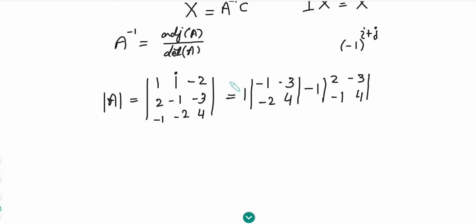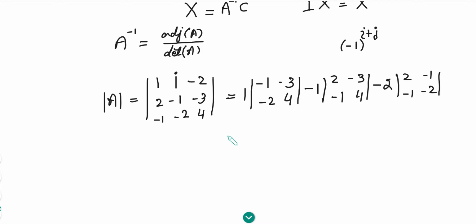The next element is -2, and here we have the positive sign, and the negative is because of the -2. Now we leave out the first row and the third column, so we are left with the minor of 2, -1, -1, -2.